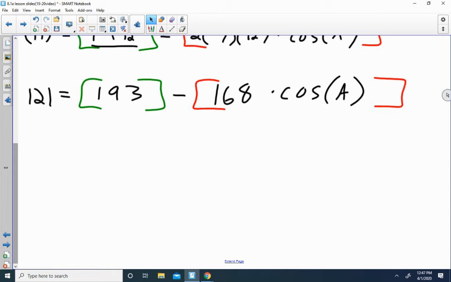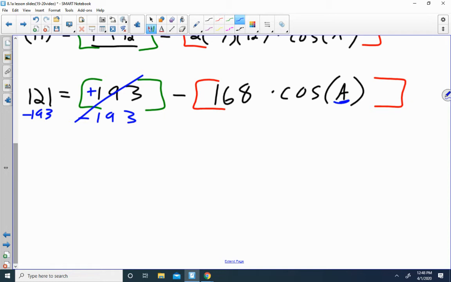So this is now the part where I have to get A by itself. I'm going to start with the green bracket and move that to the left side. Here, it is currently a positive 193. And the opposite operation would be to subtract it. So I got to do 121 minus 193.